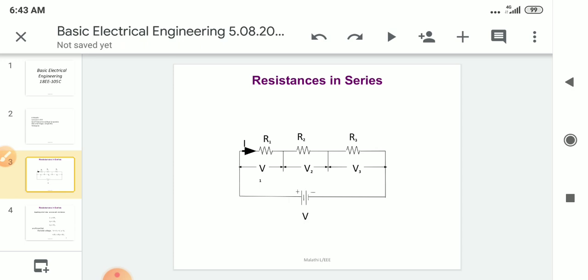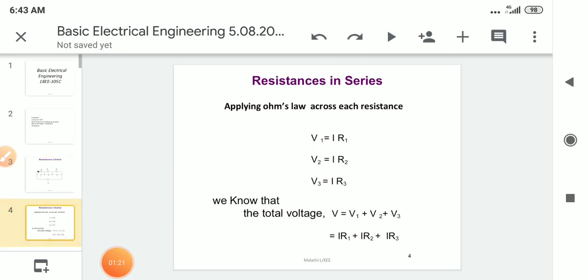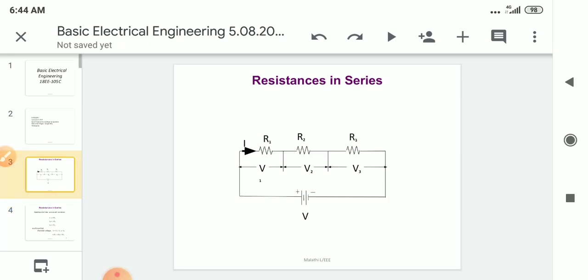If one end of a resistance is connected to the other end of another resistance, then it is called a series connection. Here the three resistances are connected in series. Apply Ohm's law across each resistance. Then V1 is equal to I R1, V2 is equal to I into R2, V3 is equal to I into R3.